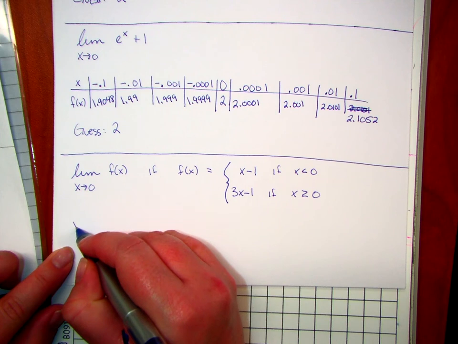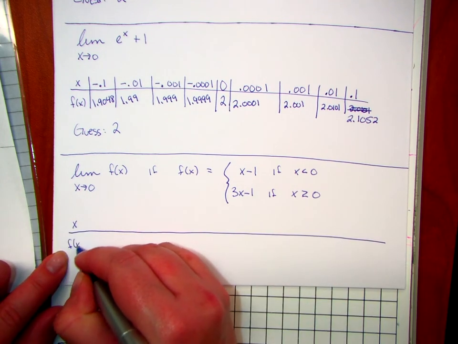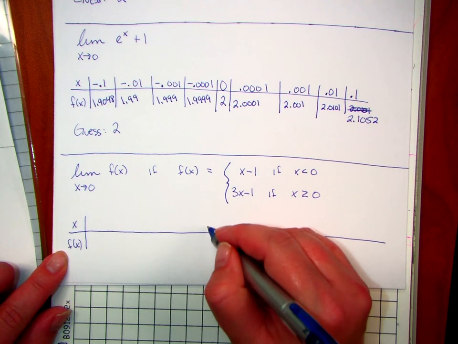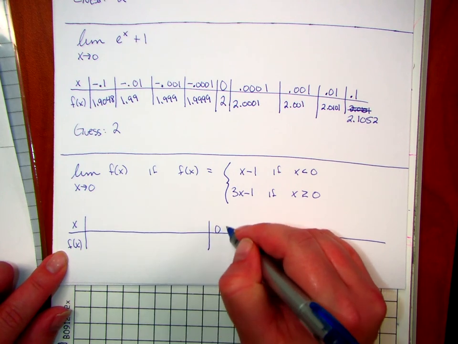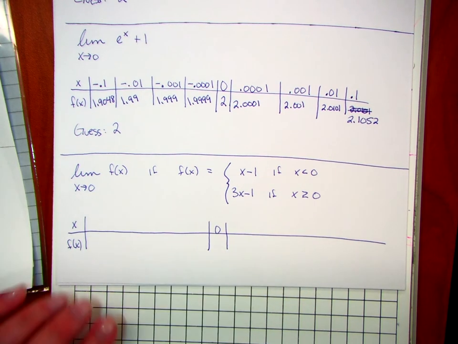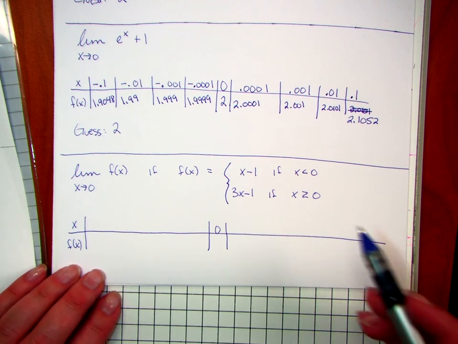Now we're still going to build a table here and guess the value of our limit at the end of this table, right? So I am going to plug 0 in the middle, because we're looking at the limit as x approaches 0. And I'm still going to pick the same values as I did before.